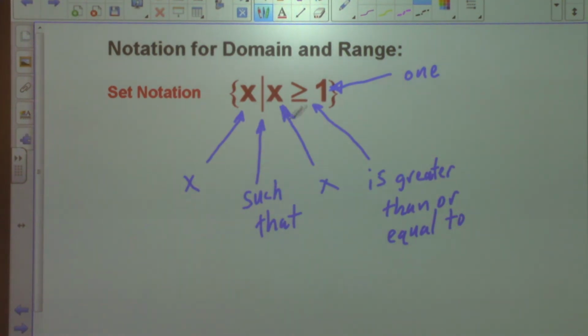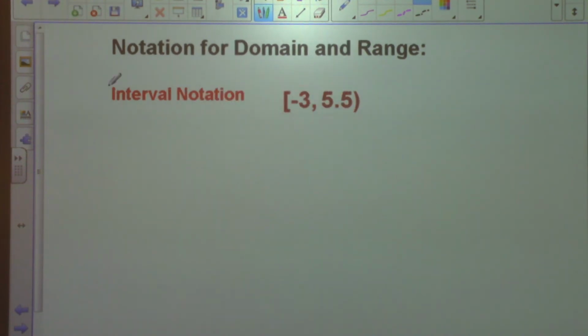But this is a lot like inequality notation, when you think about it. This is an example of interval notation. This inward facing bracket means what?